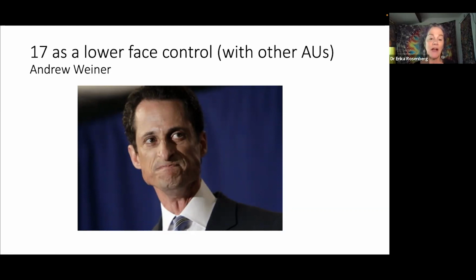I actually know this frame is taken from a press conference where he was trying not to cry. And a lot of people manage emotion in the lower face using 17 and 24, which I didn't mention here, to press the lips together.